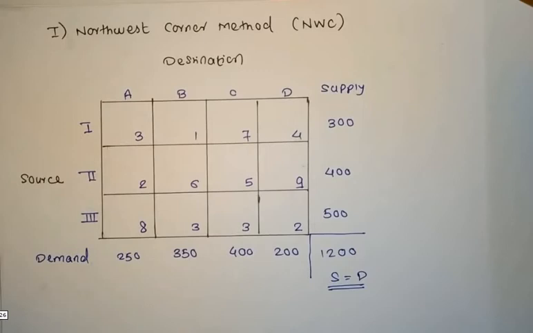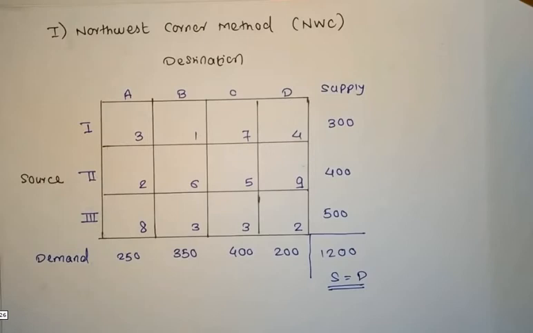Using the northwest corner method, we start with the cost matrix value 3, in the first row and first column. This is the northwest corner starting point. At this point we adjust supply and demand.